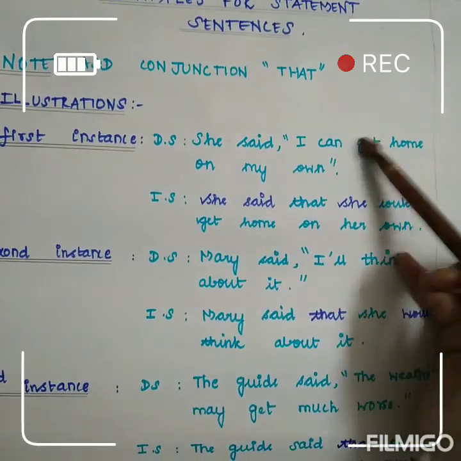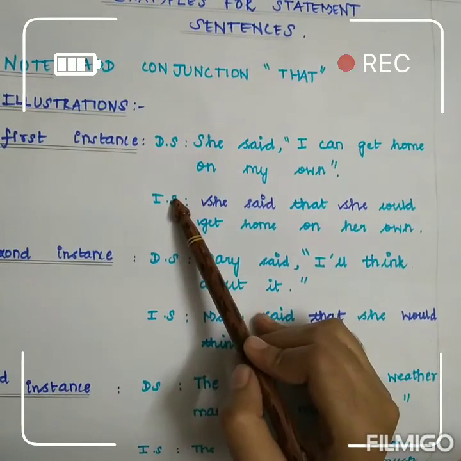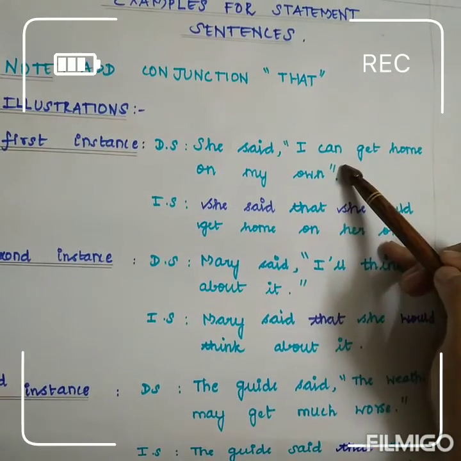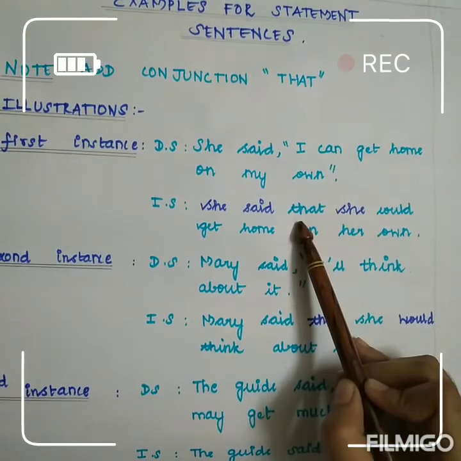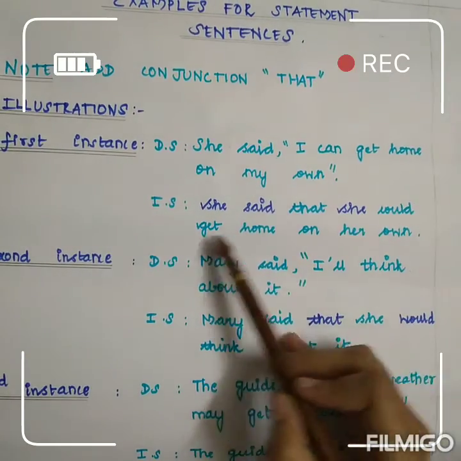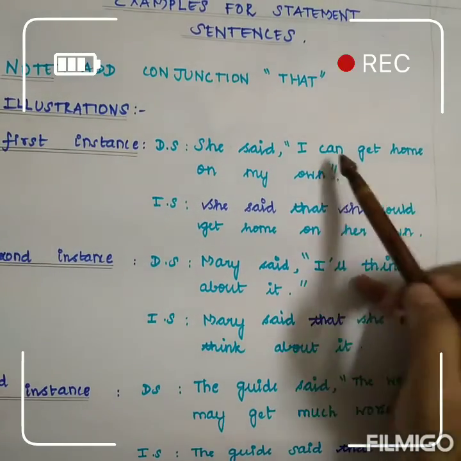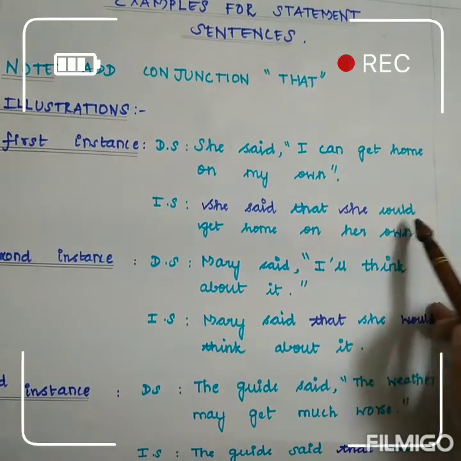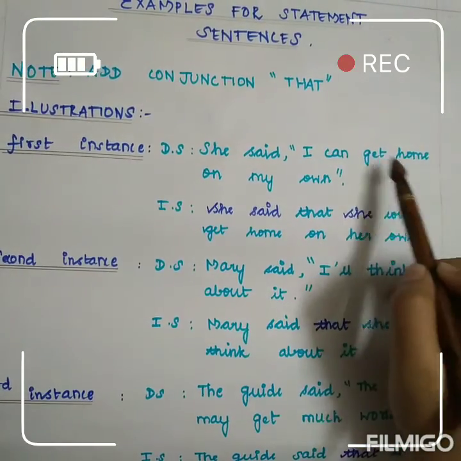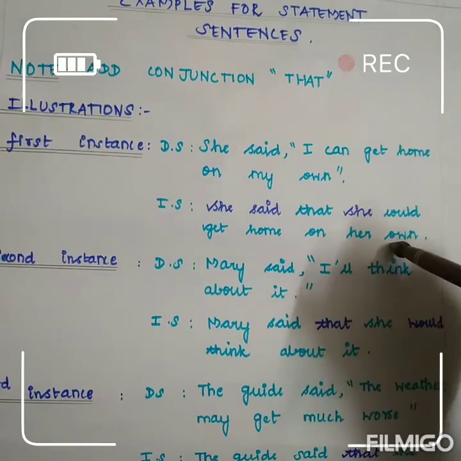Now we are going to convert this to indirect speech. She said that, removing the quotation mark and adding the conjunction that here, she could get home on her own. You can see that can is converted to could, and present tense is made as past tense in this sentence.